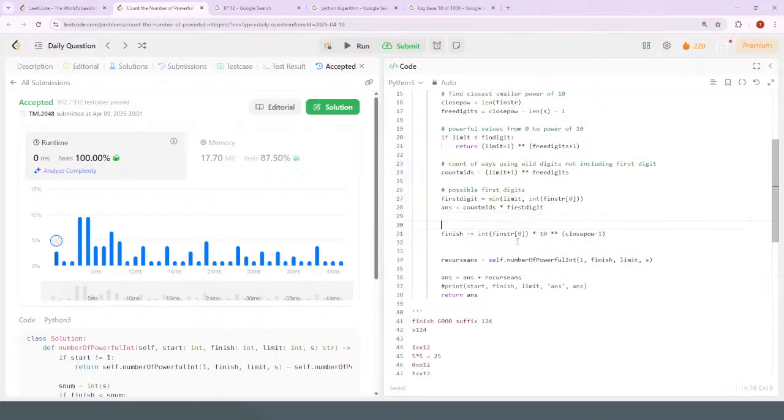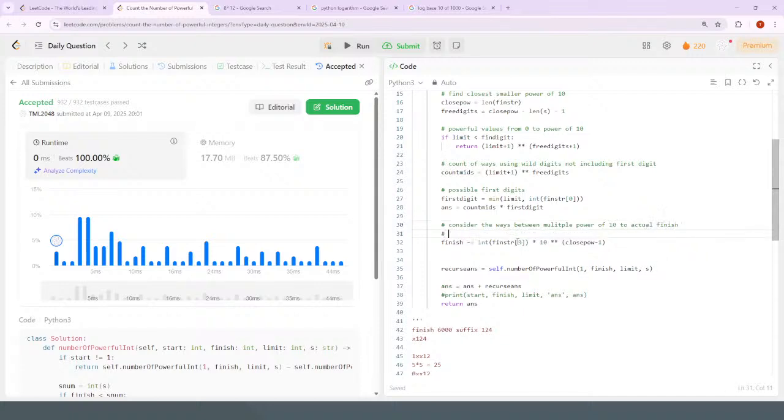And then consider the ways between multiple power of 10 to actual finish.